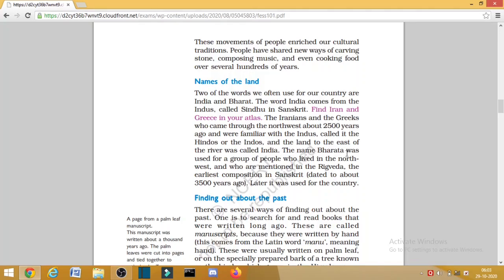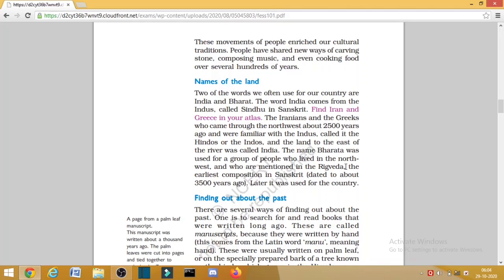The name Bharat was used for a group of people who lived in the northwest and who are mentioned in the Rig Veda. You know, we have four Vedas: Samaveda, Yajurveda, Rig Veda, and Atharva Veda.